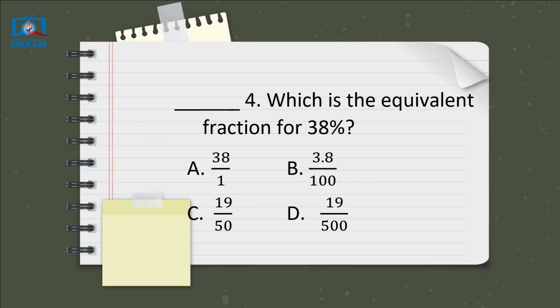Number 4. Which is the equivalent fraction for 38%? A. 38 over 1. B. 3.8 over 100. C. 19 over 50. D. 19 over 500.